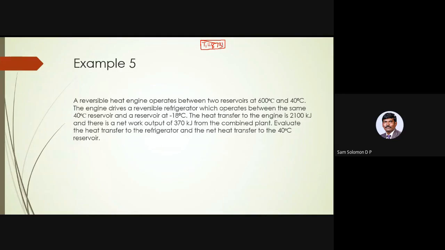So this is 873 Kelvin, and this is the source. This is an engine, so I have a circle, and inside the circle I have a heat engine. Q1 amount of heat is supplied, and Q2 amount of heat is rejected. Where is it rejected? It is rejected to the sink, which is at 40 degrees centigrade.